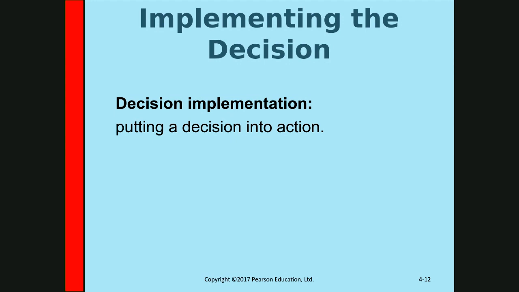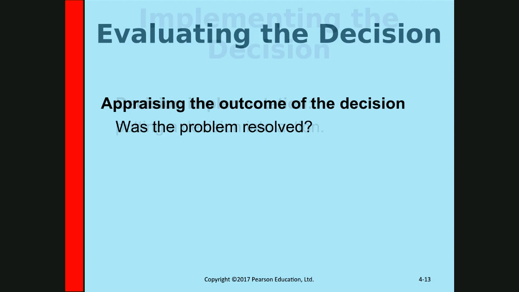Can I understand this part? So, of course, this is the last part of the process. However, we have another one that we need to also put into the process, which is the evaluation of the decision. So the evaluation will come to ask, was the problem resolved?